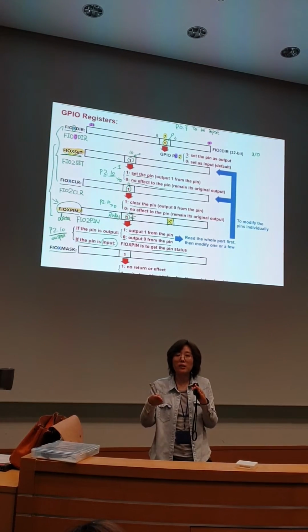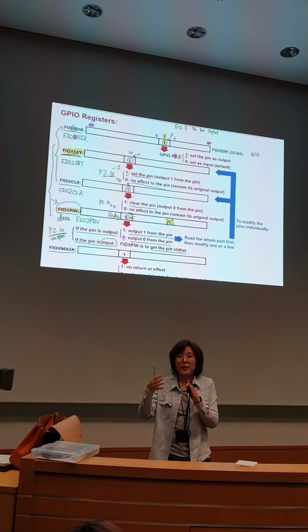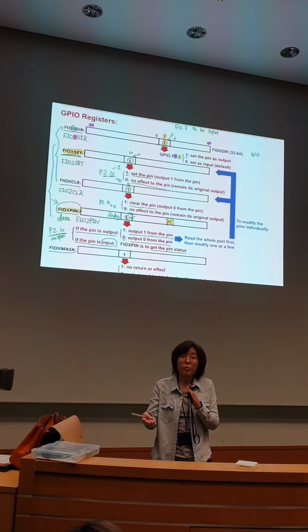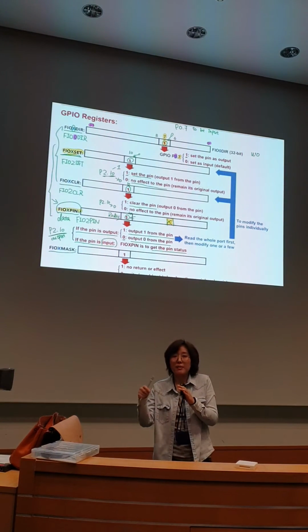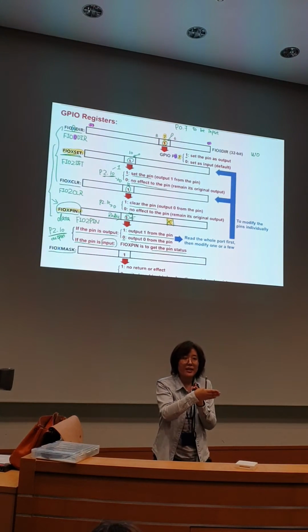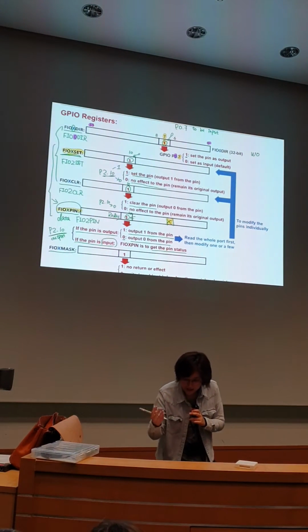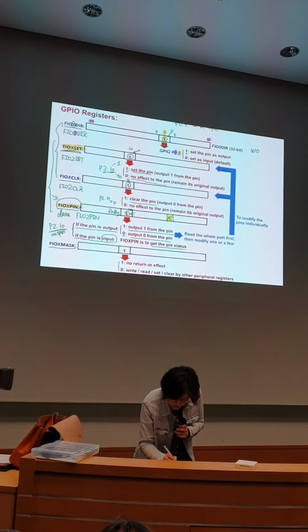You want to keep them as they are. You don't want to change the pin because of your program. Because sometimes you may accidentally write something and you change some locations that you actually don't want to change. To prevent that accident, you can set something in your mask register.